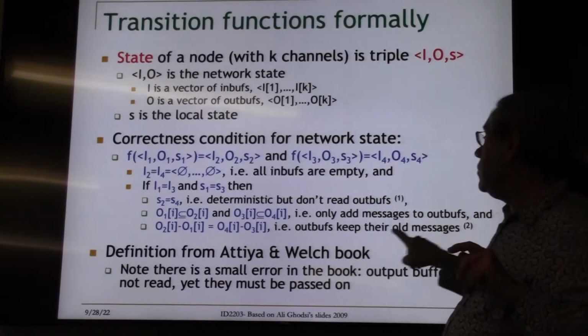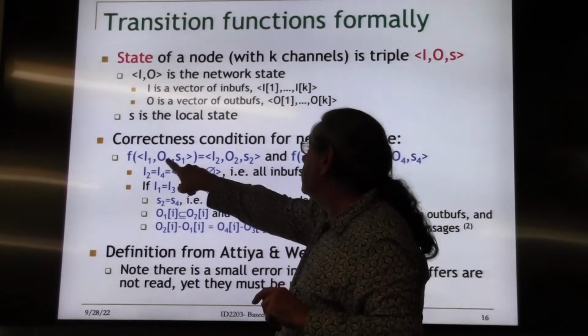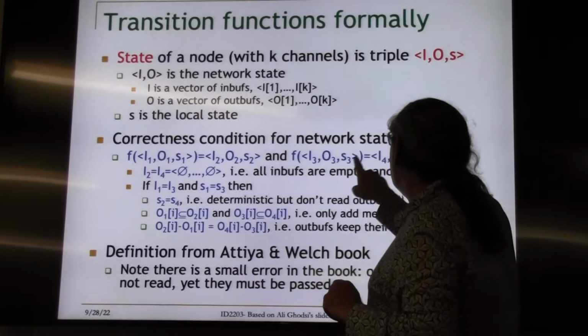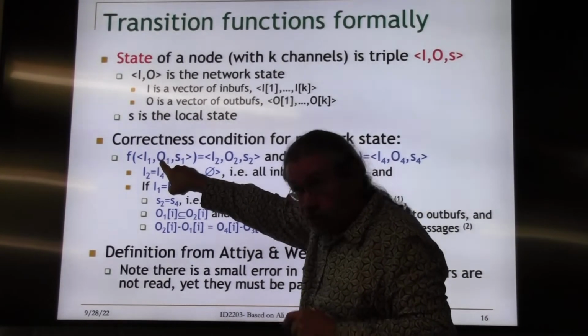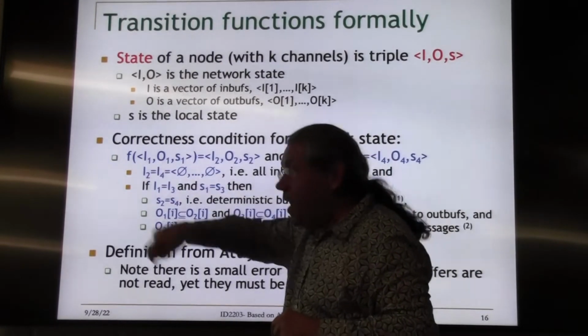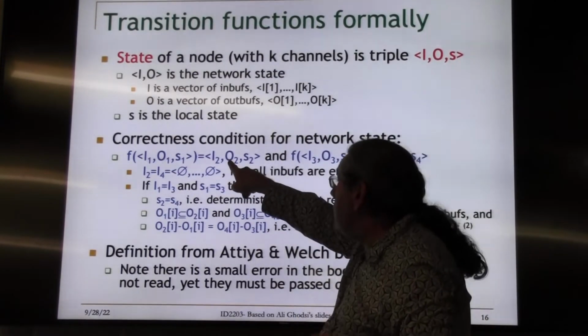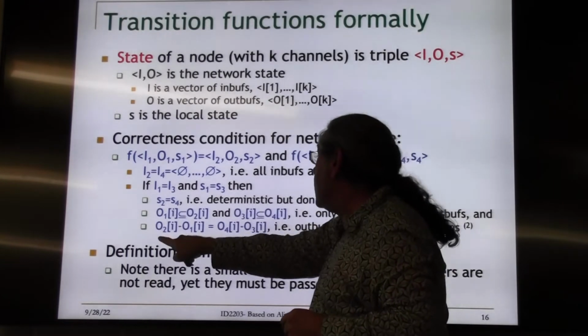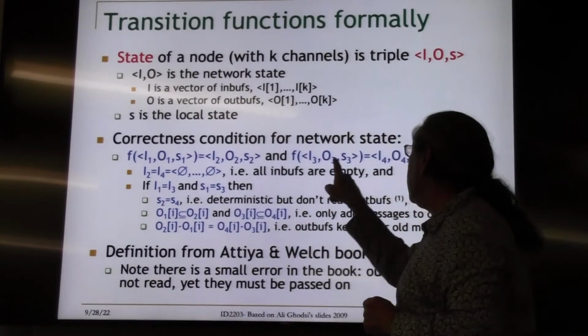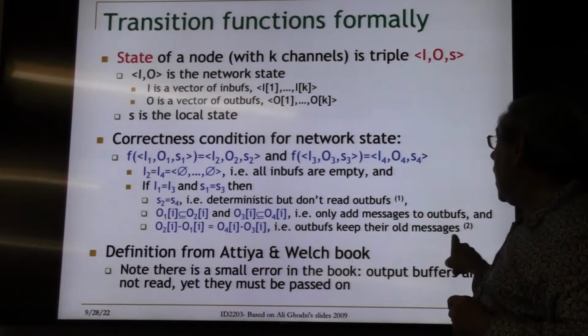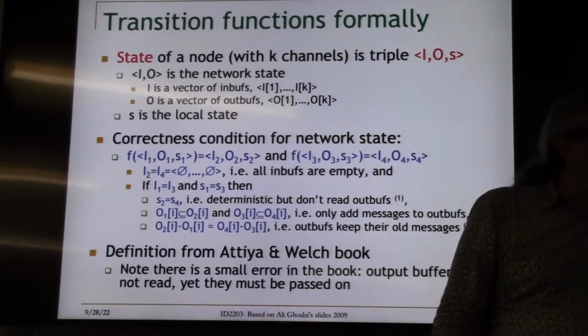And the final condition is that O2 minus O1 is the same as O4 minus O3. That means if there were already some messages in the O's, and we do F, we will add more messages, which is O2 minus O1, but it has to be the same here. So the out-buffs will keep their old messages.